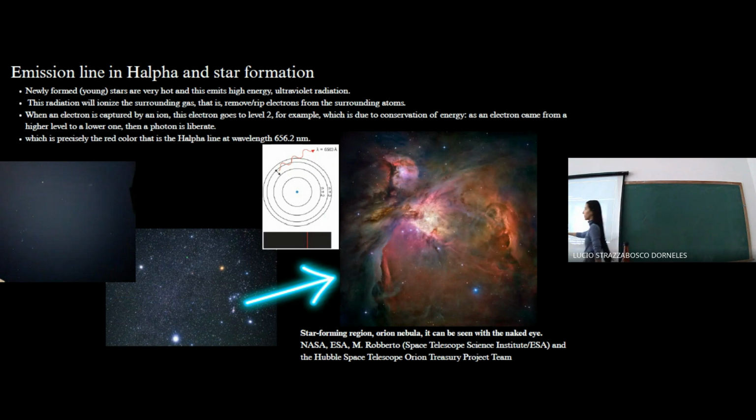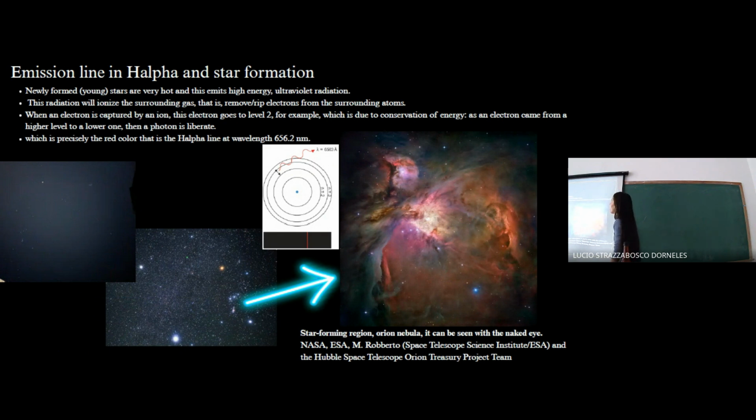You can look at the sky at night and you're going to see the Orion constellation. And right here is my own picture. You can see it is the Orion Nebula. So it's very, very cool. You know that this is a star forming region.